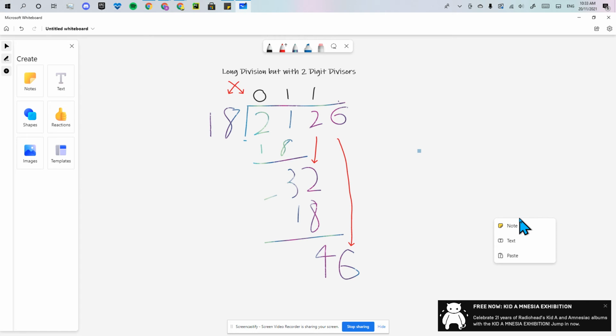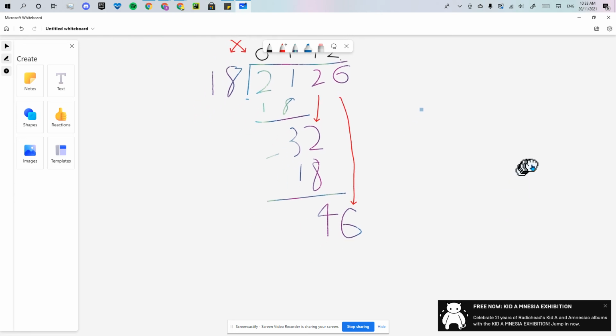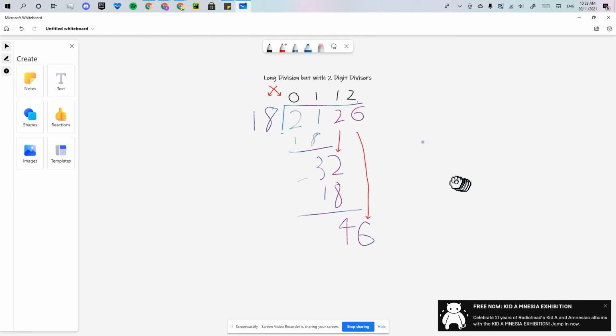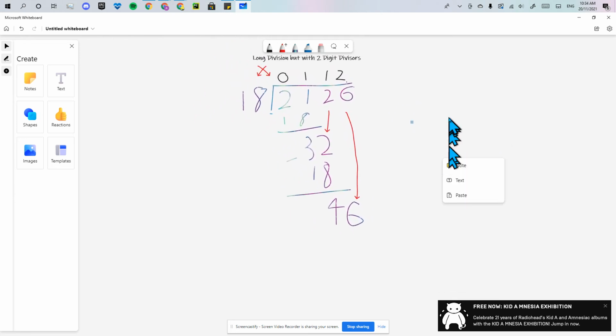So we write a 2 up above on the answer line. And then we do the multiplication. 18 multiplied by 2, like you said, is 36. That's correct. Here we subtract.